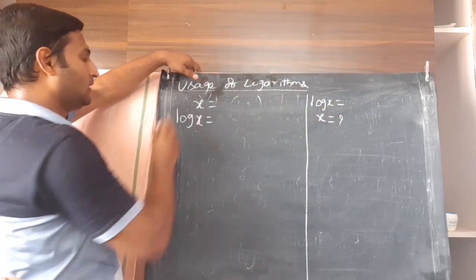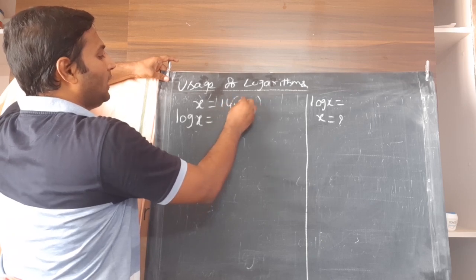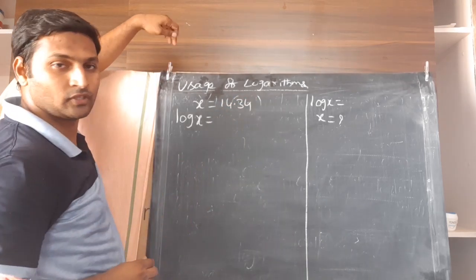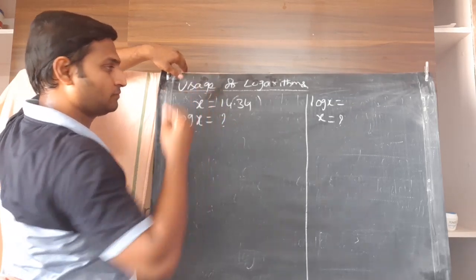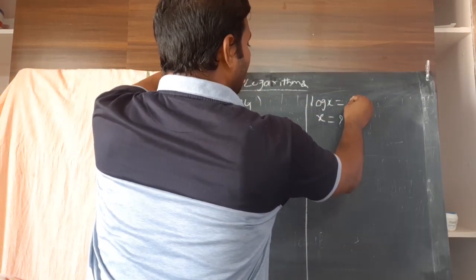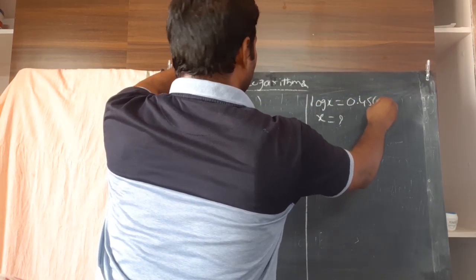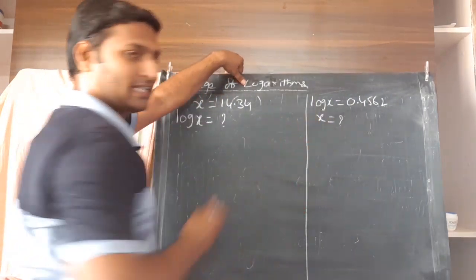Say for example, you are given a value 14.34. So x is equal to 14.34, and I want log of x. Or you were given a value, log of x is 0.4562, something like that. Then what is the x value?